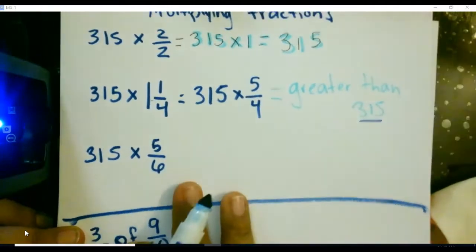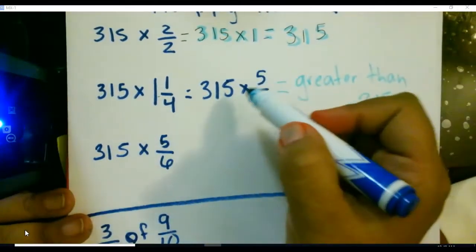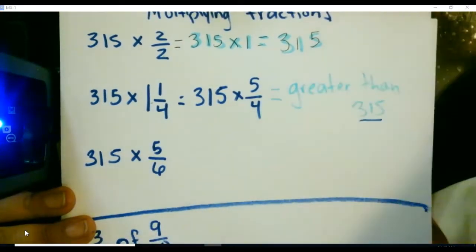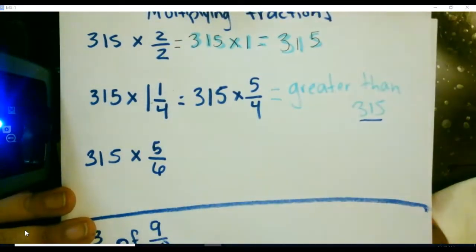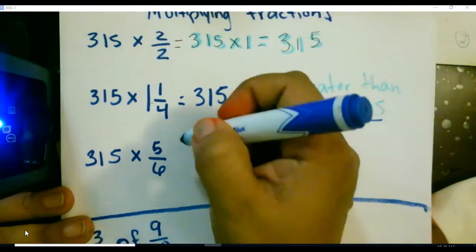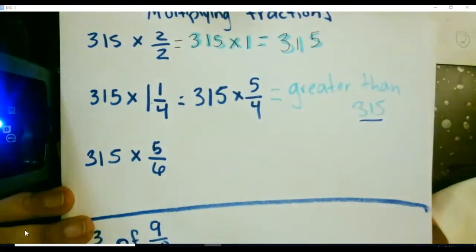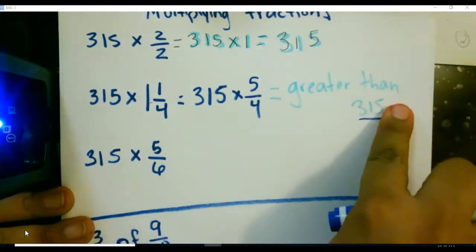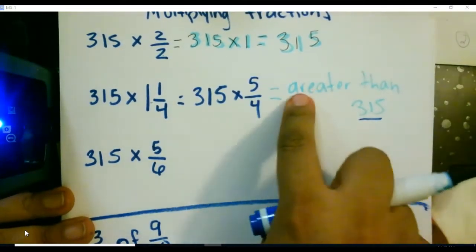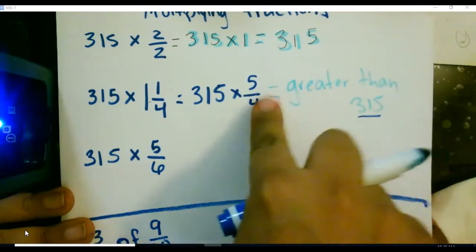So Khan has some problems where, and we did this in class as well, in chapter 7. So in this example, 315 times 5/4 is greater than 315. They don't really ask you for an answer, but just that you know that it'll be greater.